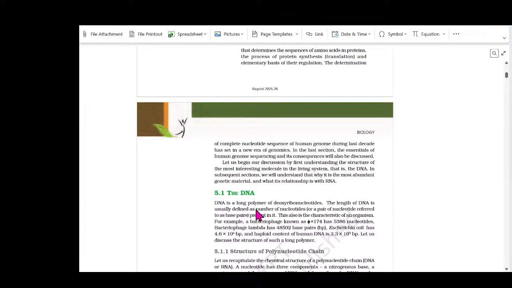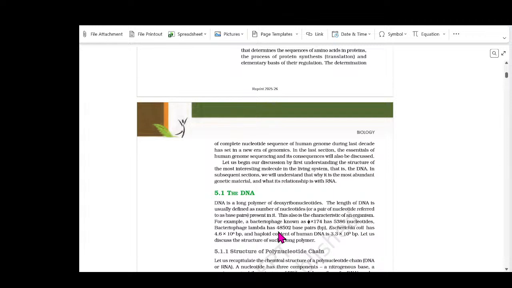DNA is a long polymer of deoxyribonucleotides. The length of DNA is usually defined as the number of nucleotides, or a pair of nucleotides referred to as base pairs, present in it. This also is the characteristic of an organism. For example, a bacteriophage known as ΦX174 has 5386 nucleotides.